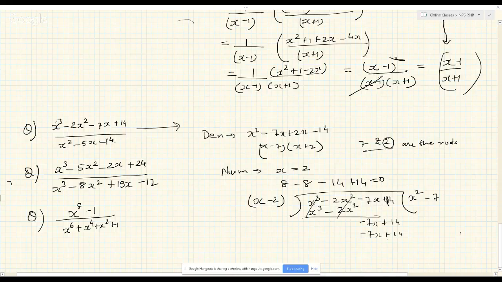Something is wrong, I believe. I don't know. Just a moment. x cubed minus 2x squared minus 7x plus 14, correct? So x into x plus 2.